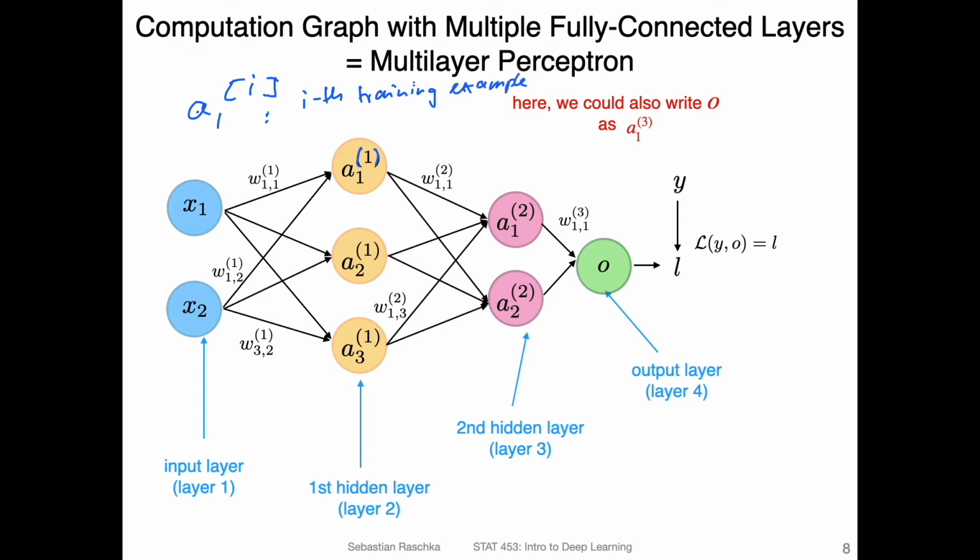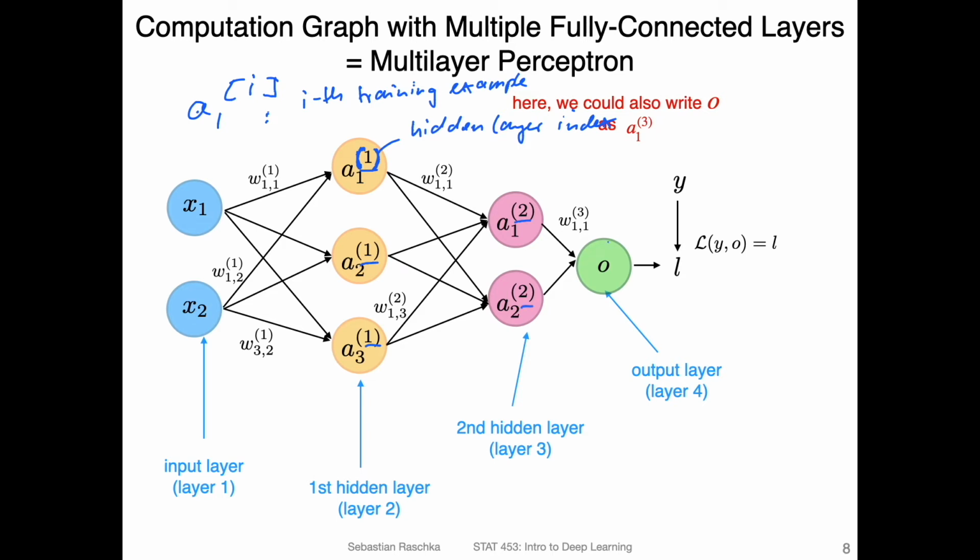Here, the round parentheses don't mean this is the first training example. This really means here the first hidden layer. So the round parentheses refer to the hidden layer index. Here we have two hidden layers. You can see this is the first hidden layer, and then here we have the second hidden layer.